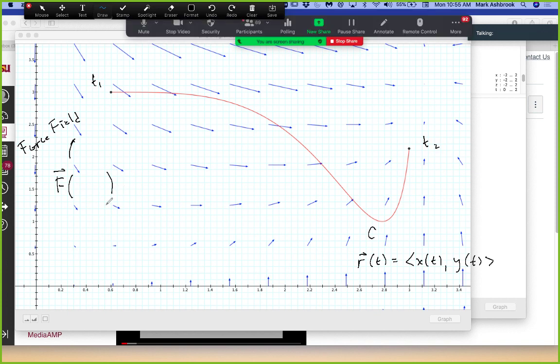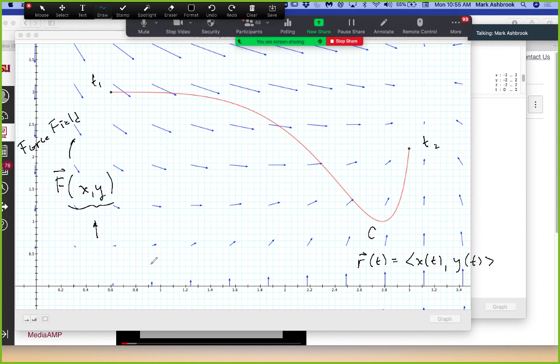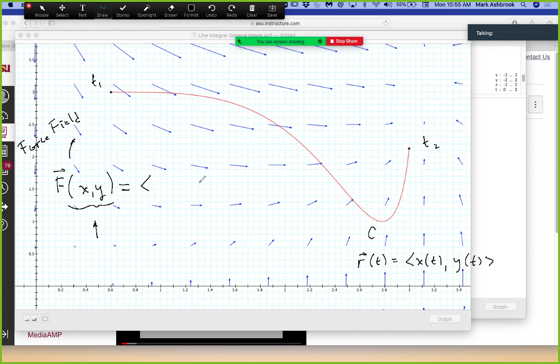Okay. So what is the independent thing in a vector field? XY. Position, right? So for R2, it's going to be position. And what gets spit out then? A vector. Each component could be a function of position, right?